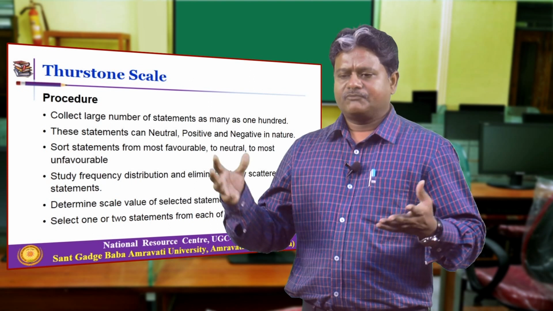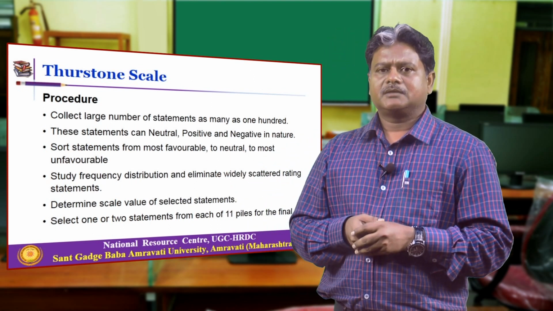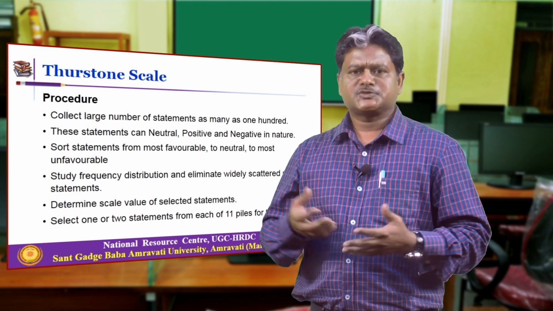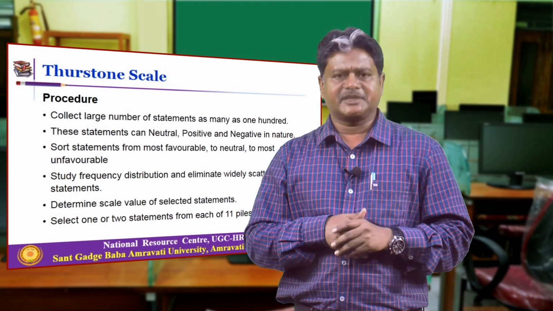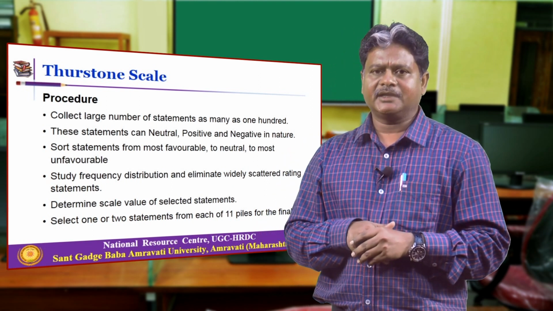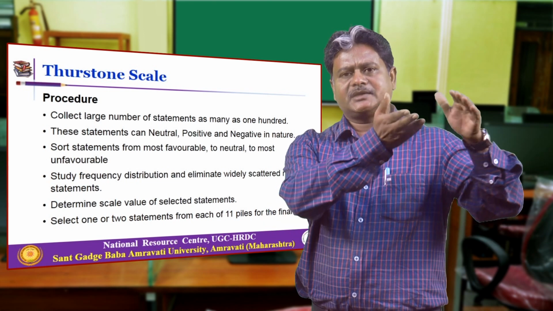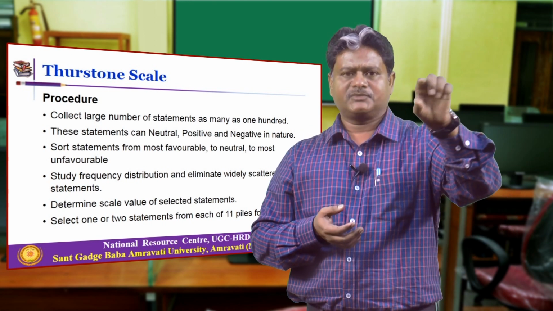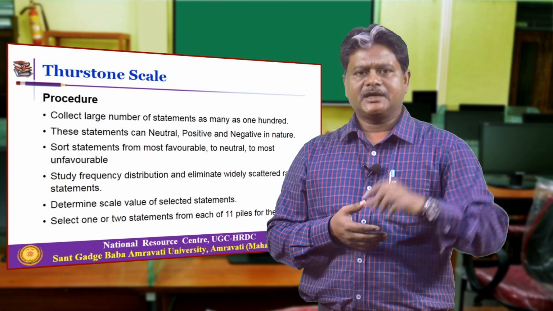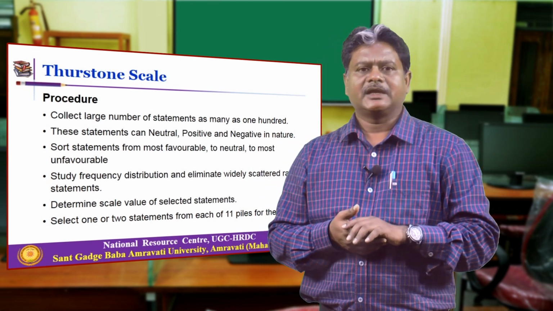Now we will have a team of examiners and ask the respondents to give a rating to these statements. In this rating, the most unfavorable statements are categorized with rating 1, and the most favorable statements are categorized as number 11.